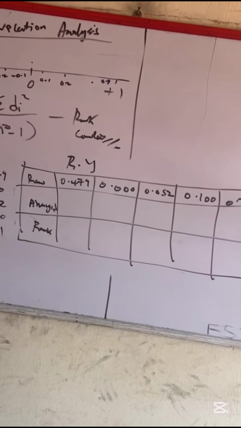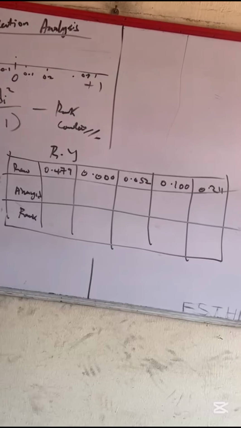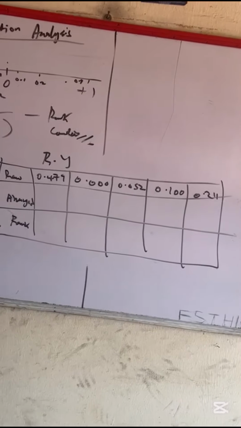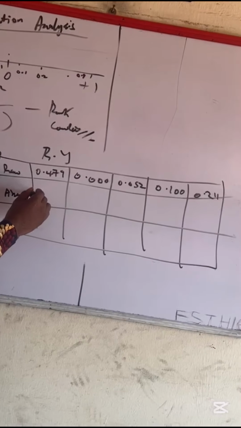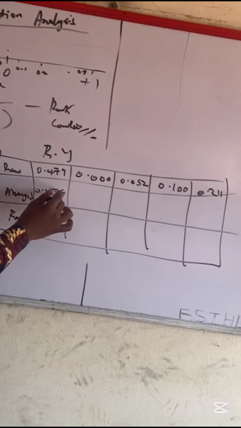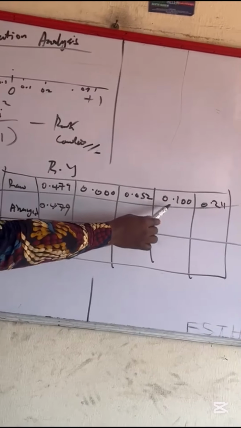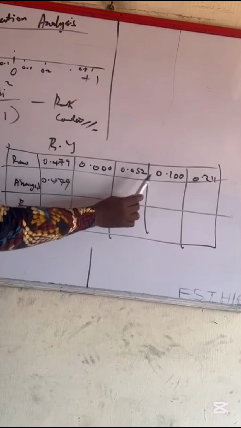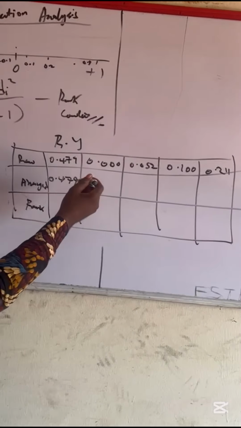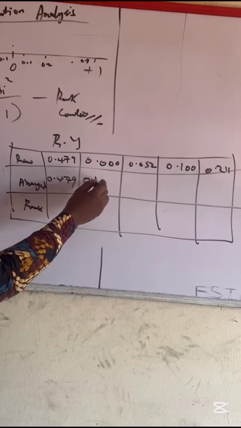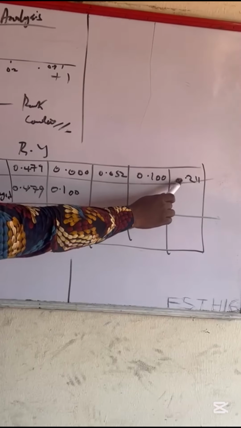Okay. So let's check the number that is highest here. I think this is the highest value here. So we write 0.479, followed by which one again? This 0.1. Don't be confused with this because there is a 0 here. So it's 0.1. We have 0.100. Then the next, we have 0.2.